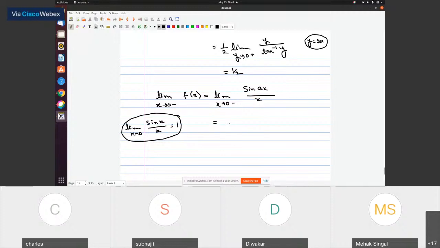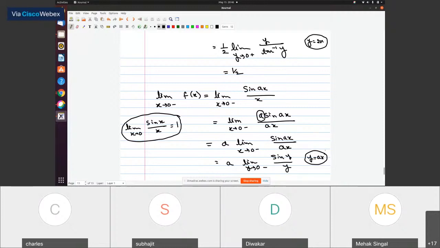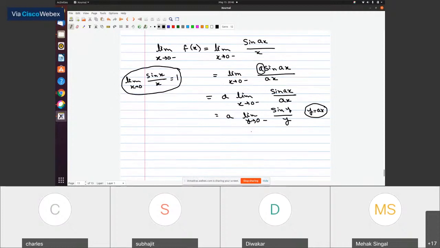So I can multiply a on numerator and denominator, and I can take this outside, so that it leaves me with sine ax by x. Again I can take y to be ax, so this is sine y by y. I have taken y to be ax, this change of variable. So this is 1, so this will give me the limit to be a.